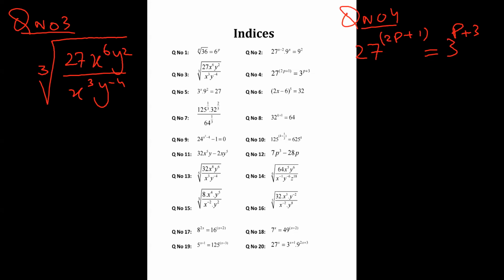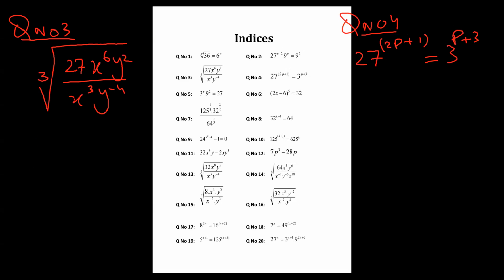So question number 3. There's 1 by 3 on the top. 27 is 3 to power 3. And x 1 power up, 1 down. So power subtract. Upper power minus lower power.